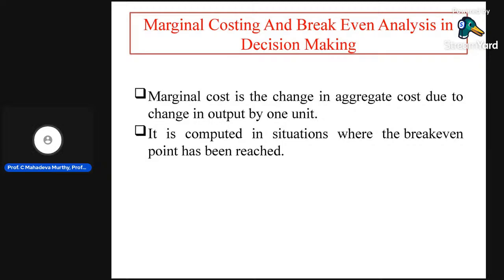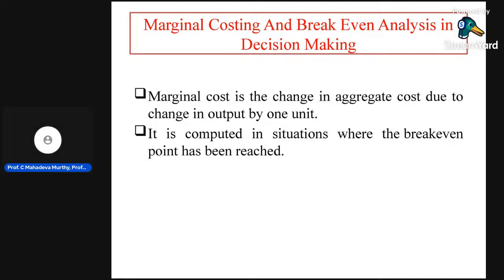Then marginal cost. If you produce one unit, a cost is incurred: raw materials, power consumption, and other labor cost. Say one unit costs 5 rupees. That is marginal cost. If you produce 20, 5 into 20, 100 rupees.